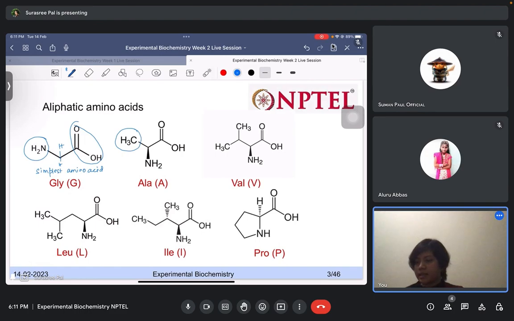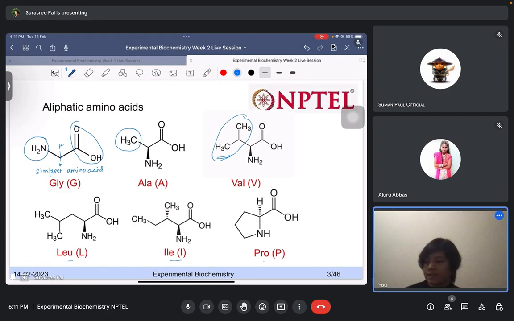Valine has this kind of structure. This is the R group of valine. Next, coming to leucine, and this is isoleucine, and this one is proline.